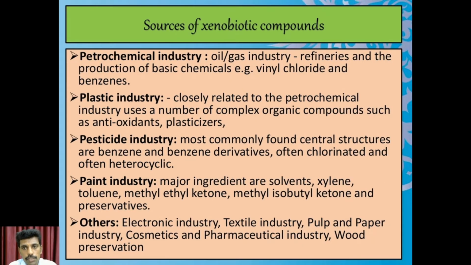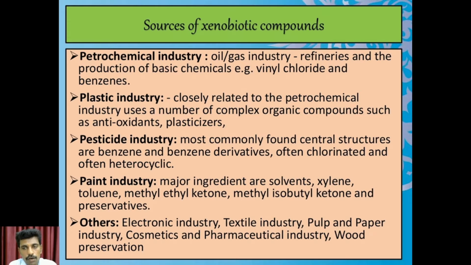Sources of xenobiotics. Xenobiotic compounds are produced from various sources, including the petrochemical industry, plastic industry, pesticide industry, paint industry and so on. Vinyl chloride and benzene are released from oil or gas refinery units in the petrochemical industry. The plastics industry uses a number of chemical organic compounds such as plasticizers and antioxidants.